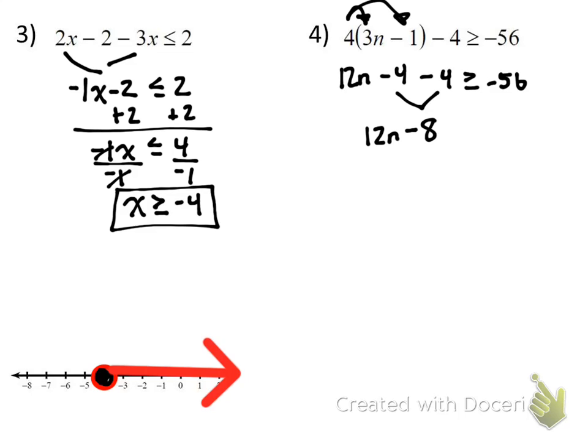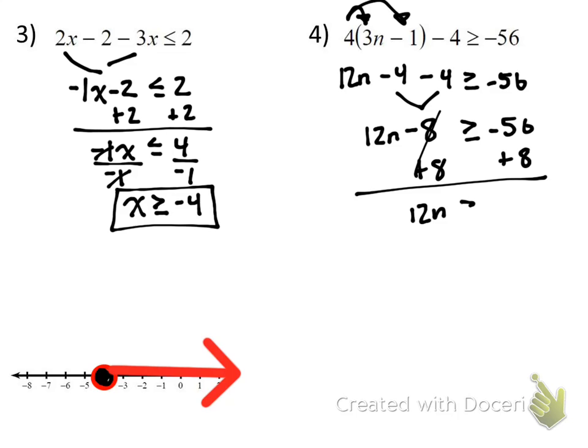So we got 12n minus 8 is greater than or equal to negative 56. Then I'm going to add 8 to both sides. The 8's cancel out, so 12n is greater than or equal to negative 48.